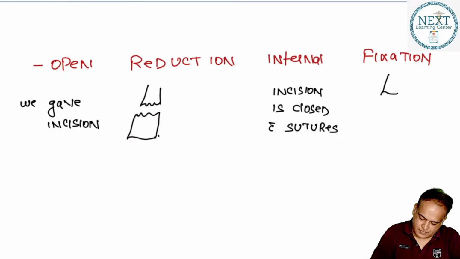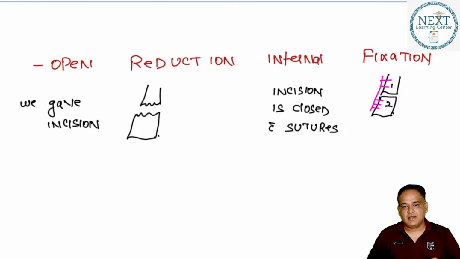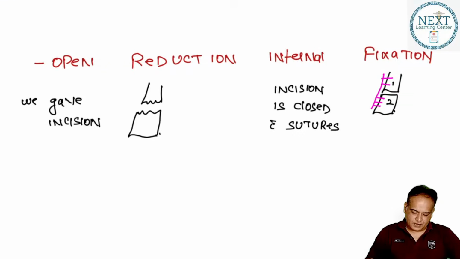Fixation: the two broken fragments, you have used a plate and screws. That is fixation. Open reduction, internal fixation.